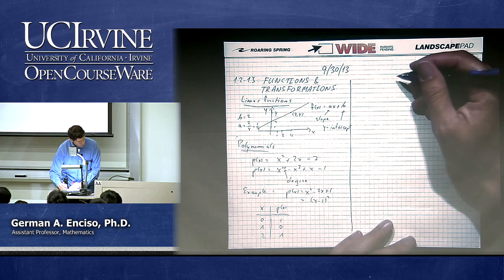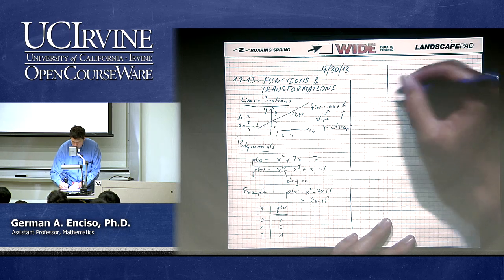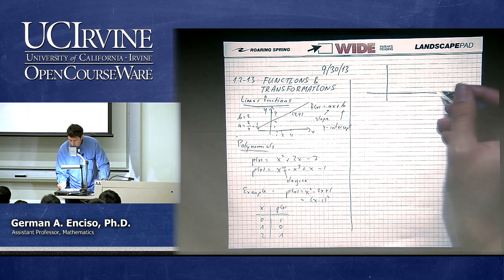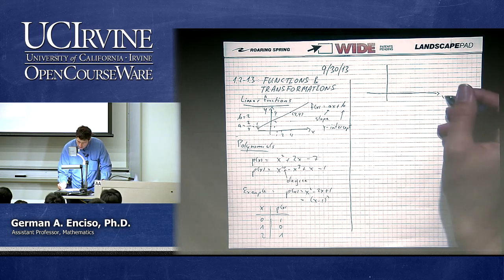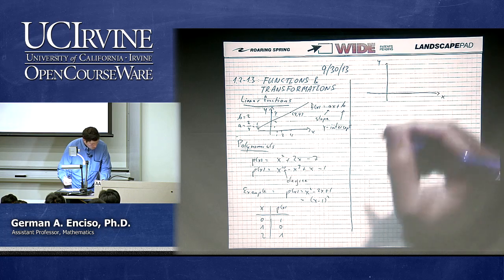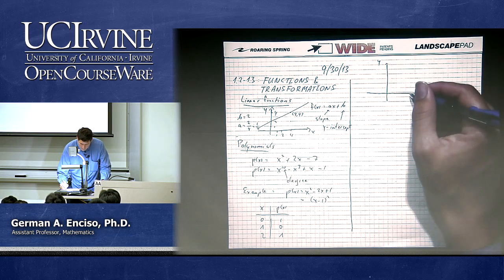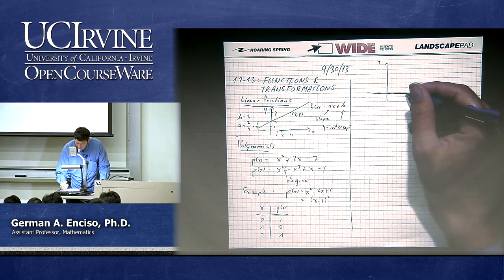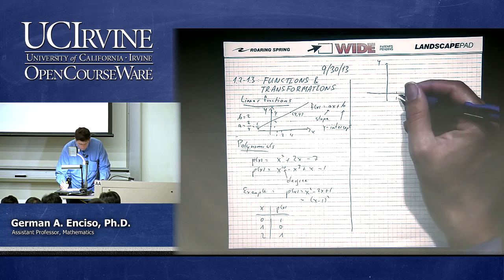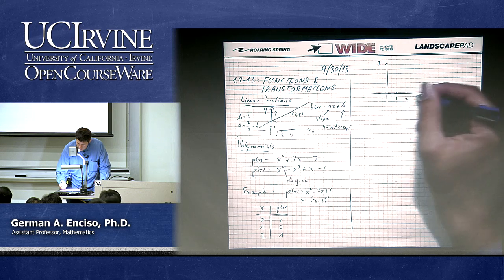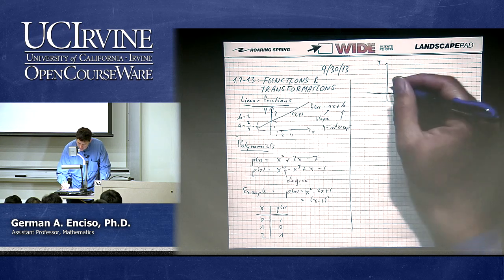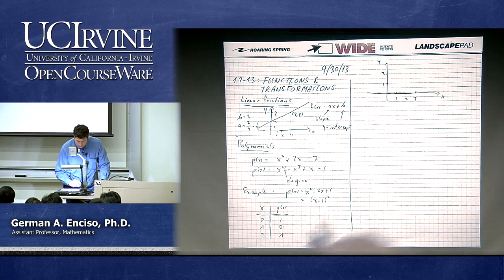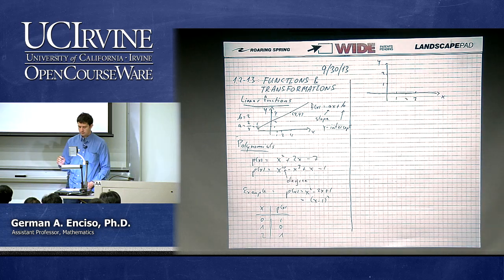So then the next thing you do is you go to your Cartesian plane, and you put the points in there. So for example, in this case, let's do 1, 2, 3, and we put the point 0, 1 in there.